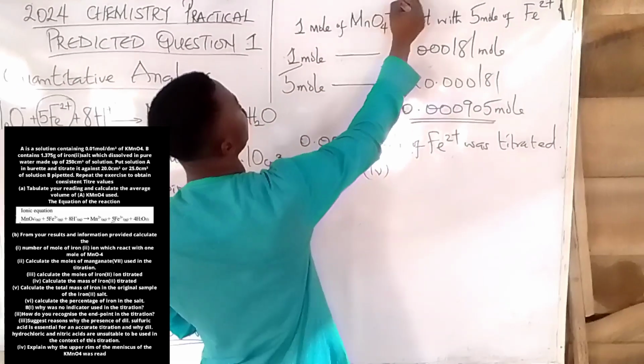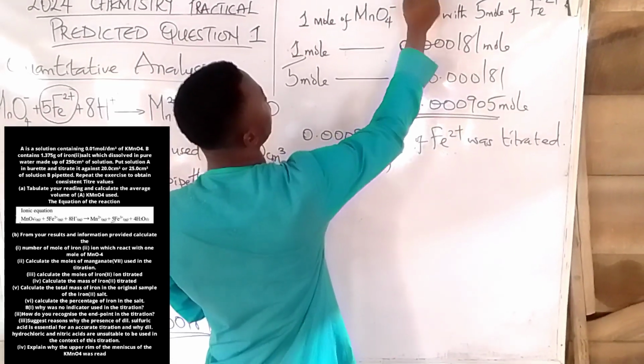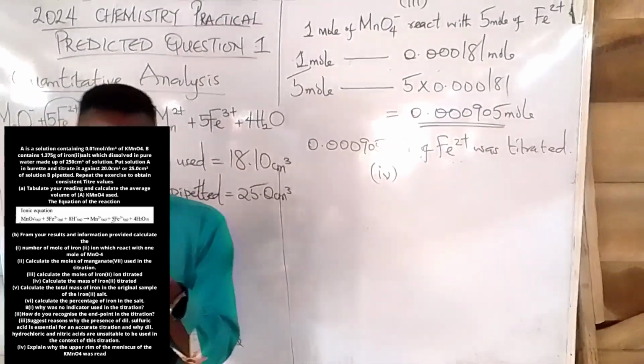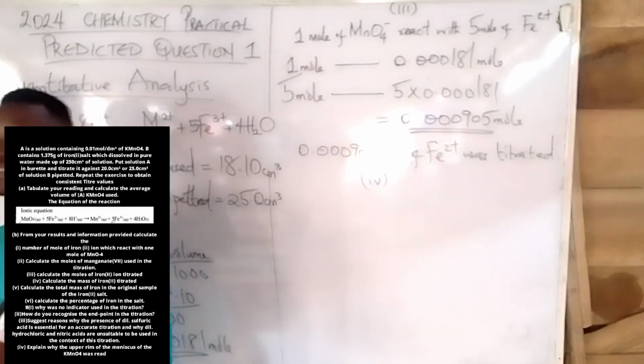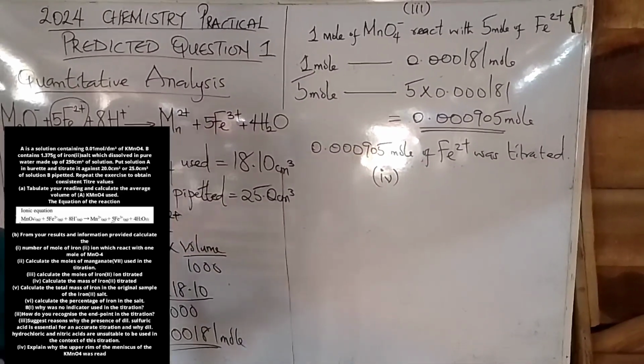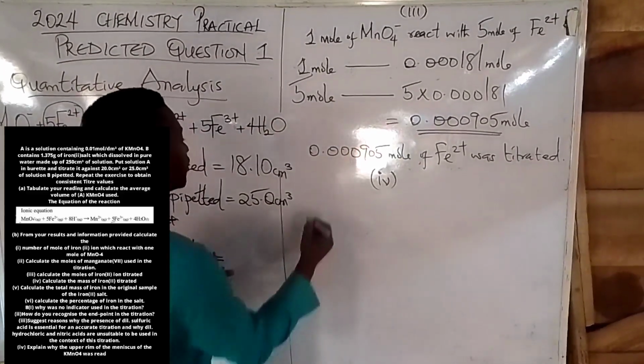So this one is the question Roman figure 3. The question says calculate the mass of iron 2 titrated. Now let me quickly give you this formula.